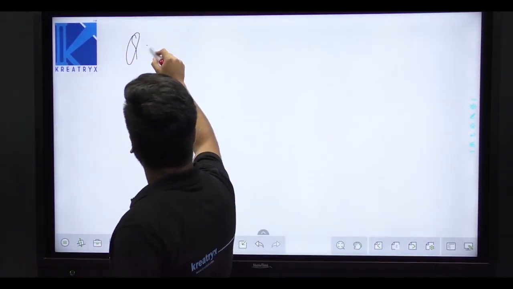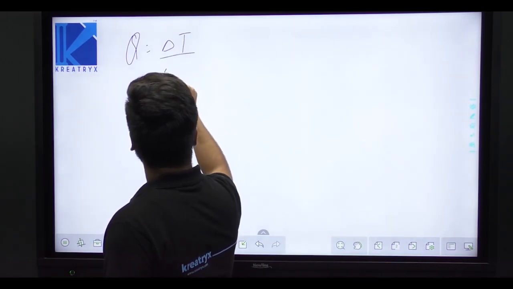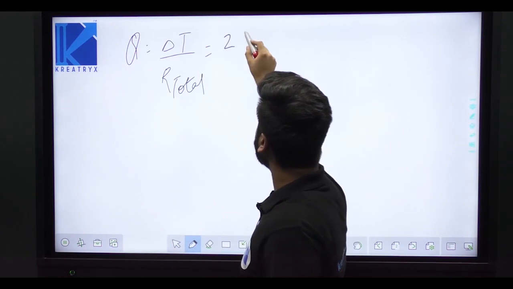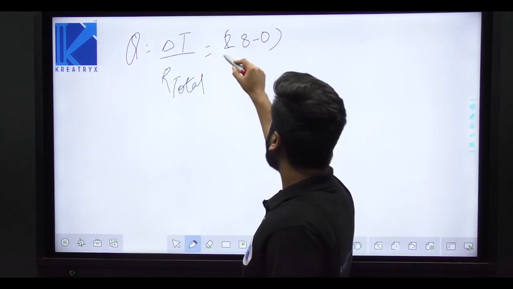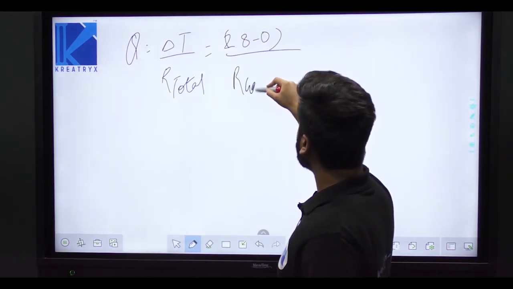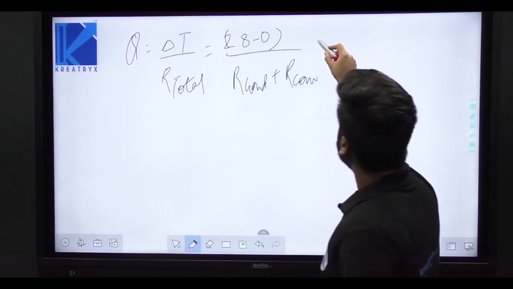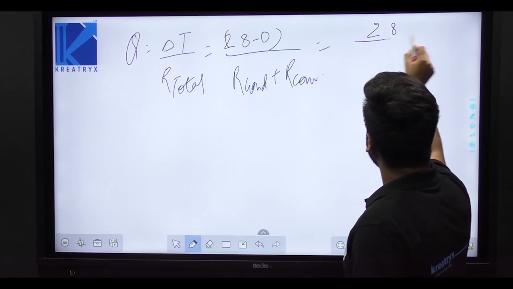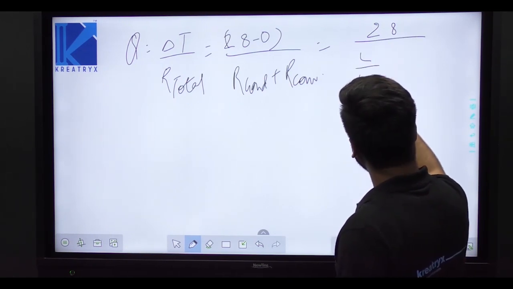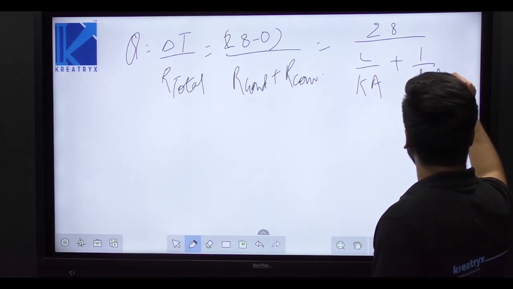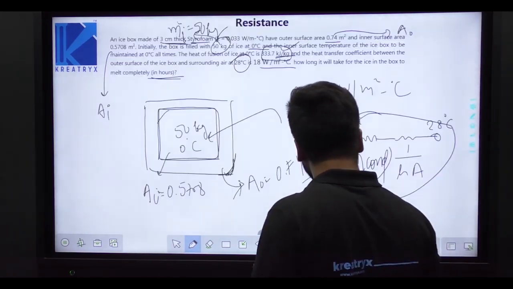So Q will be delta T by R total. Delta T is equal to 28 minus 0, and R total will be R conduction plus R convection. So this is 28 upon L by kA plus 1 by hA.